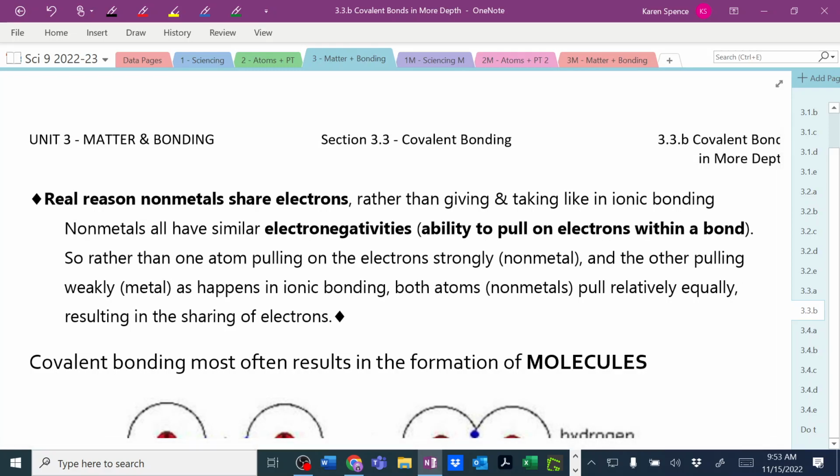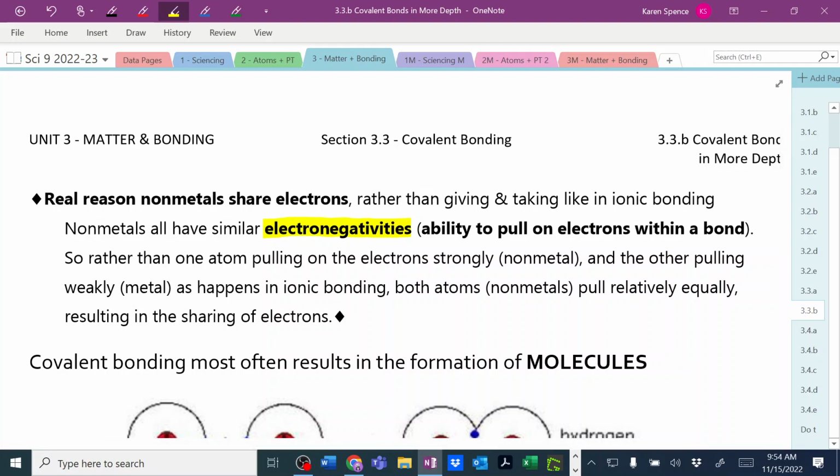We're going to talk about electronegativity here, all right? And so if you're like, okay, I'm not doing electronegativity, just have a little rest, okay? So the real reason that nonmetals share electrons rather than giving and taking like in ionic bonding is as follows. Nonmetals have similar electronegativities. That is the ability to pull on electrons within a bond.